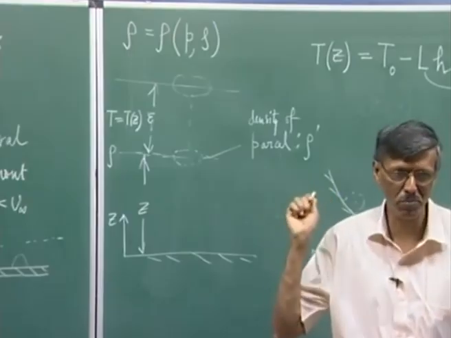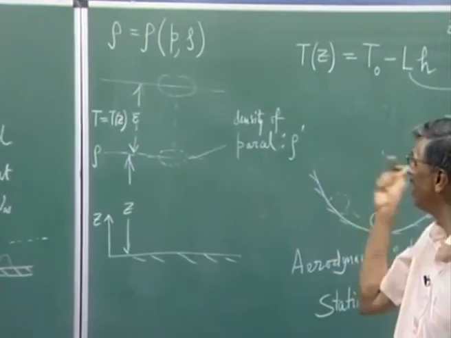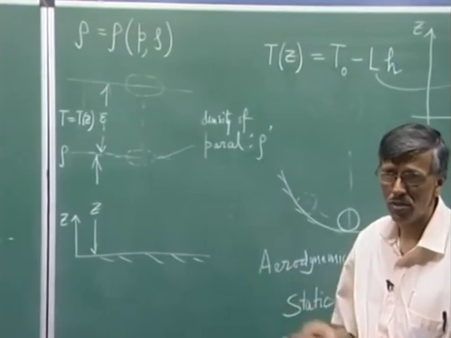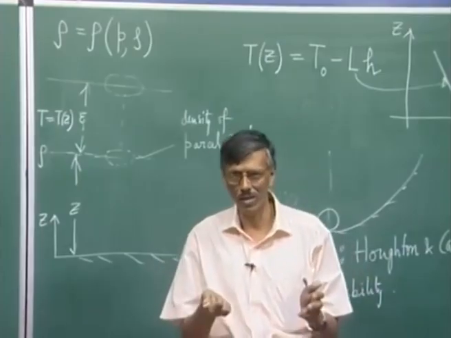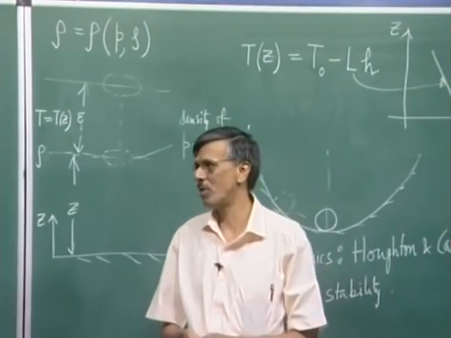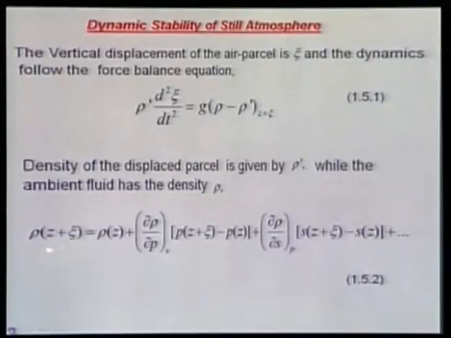I have written the specific property, that is why I have written it in lower case. So, we will use these 2 as the independent variables. The independent variables are the pressure and entropy. Then what we do is very easy. I could see its variation of the density with height.